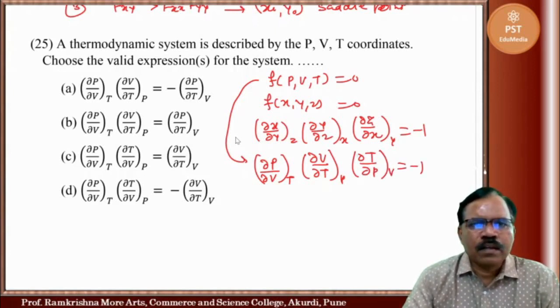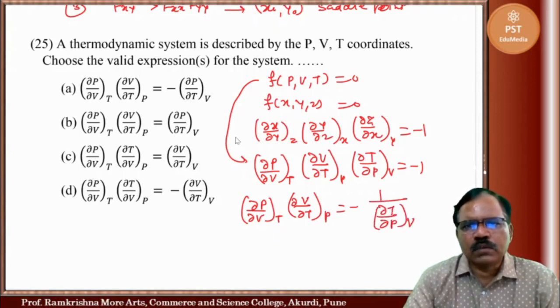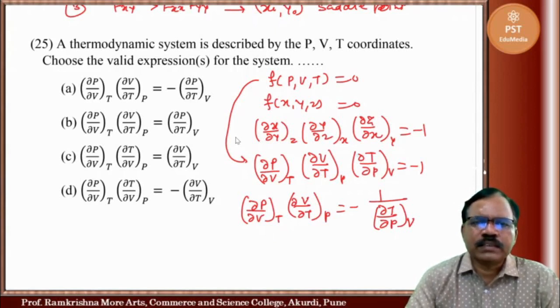Then ∂P/∂V at constant T into ∂V/∂T at constant P, we can write −1 upon ∂T/∂P at constant V. So you can inverse this using first theorem.